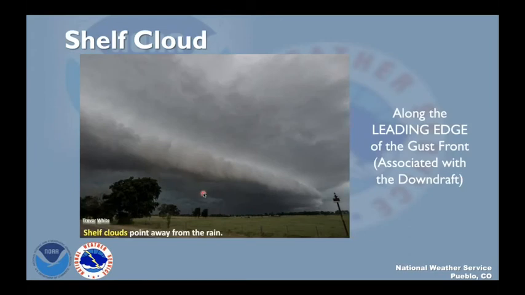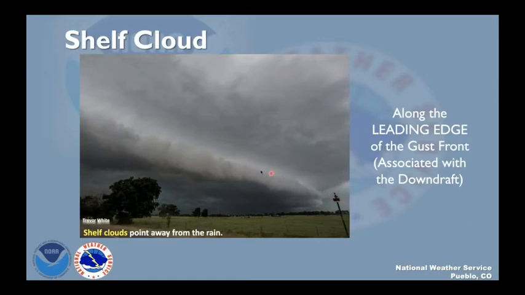Now, shelf clouds are associated with squall lines, as we pointed out earlier. You can determine that it is a shelf cloud because it looks like a shelf, but it's also pointing away from the rain. Behind here, it's dark and gloomy, whereas in front of it, there's this nice little shelf where all the air is being sucked into the storm.